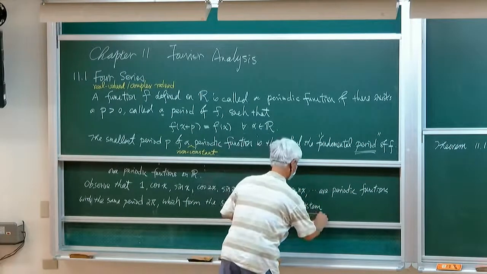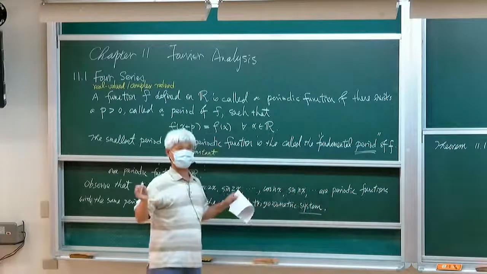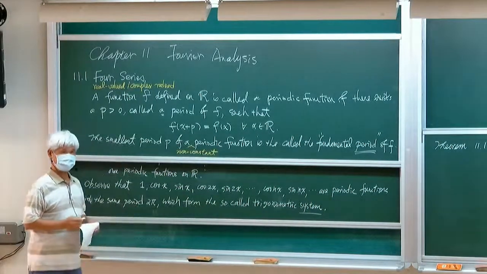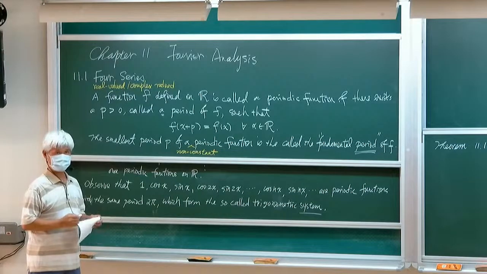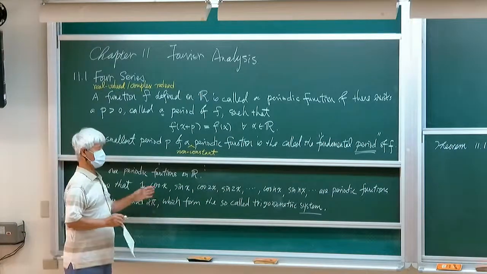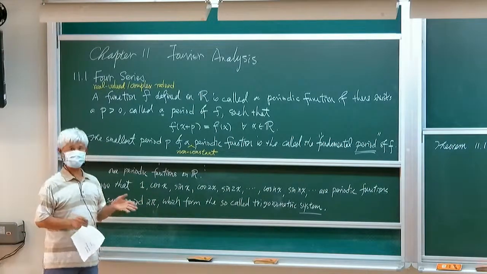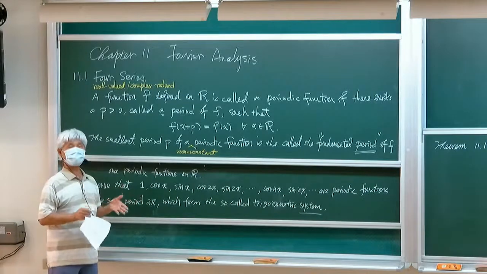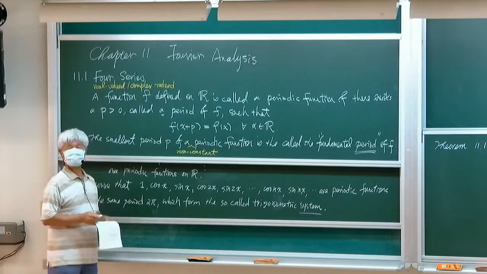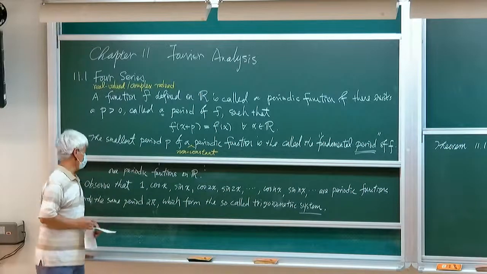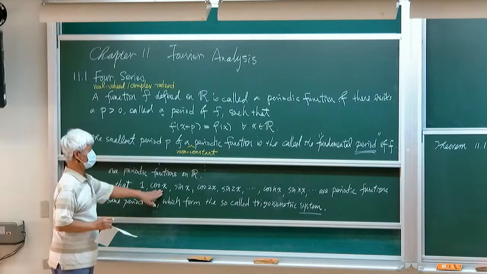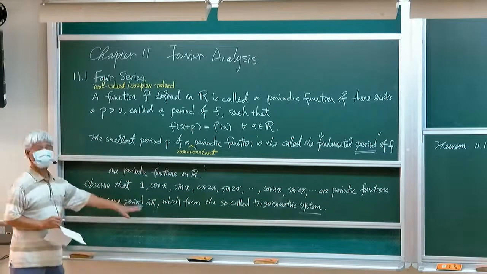Okay, so it is a set of periodic functions. Okay, and it's an infinite set. So it comprises infinitely many periodic functions, and you can find a common period 2 pi.